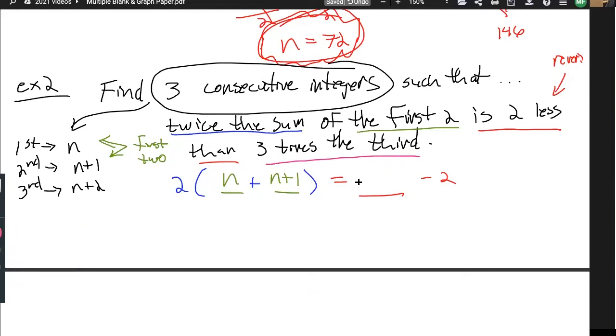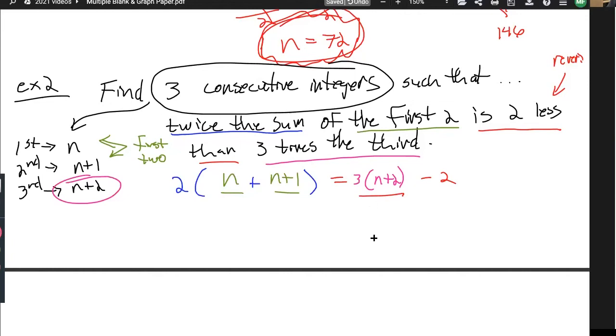How do you say 3 times the third? 3 parenthesis n plus 2. Because this is 3 times, which is exactly what it sounds like. You're multiplying 3 times something. What is that something? The third, which is n plus 2. So you need parentheses because otherwise it would just be 3n plus 2. You don't want 3n plus 2; you want 3 times the quantity n plus 2. So make sure you put parentheses there.